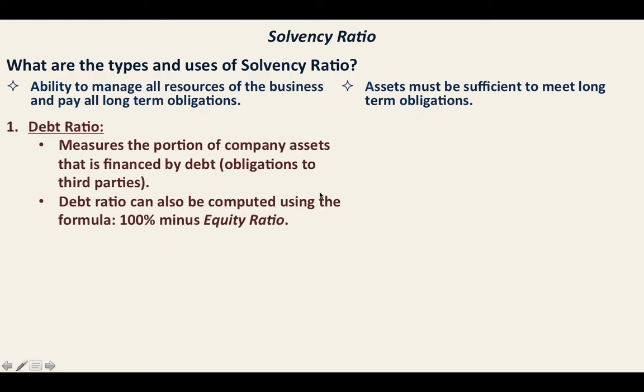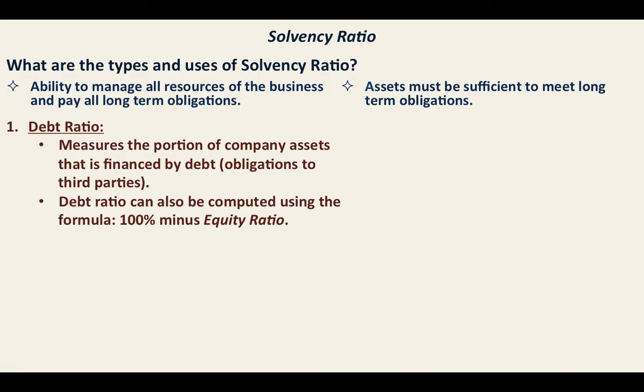The types of solvency ratio are debt ratio. And debt ratio measures the portion of company assets that is financed by debt obligations to third parties. So here we are measuring what is the percentage of debt in relation to total assets.